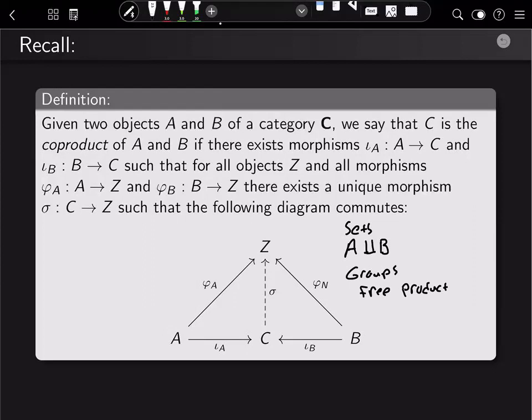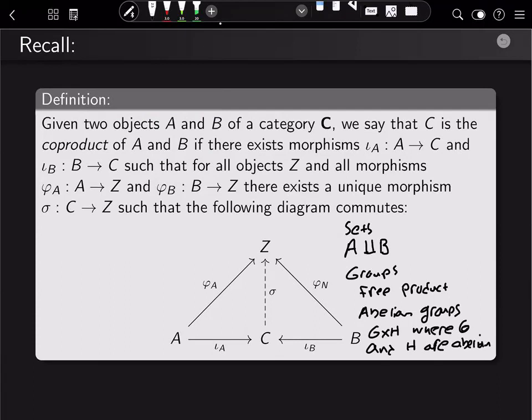Some categories behave nicer than others. One category that behaves very nicely is the category of abelian groups. It turns out that in the category of abelian groups, the Cartesian product G cross H, where G and H are abelian, actually satisfies the definition of coproduct as well.